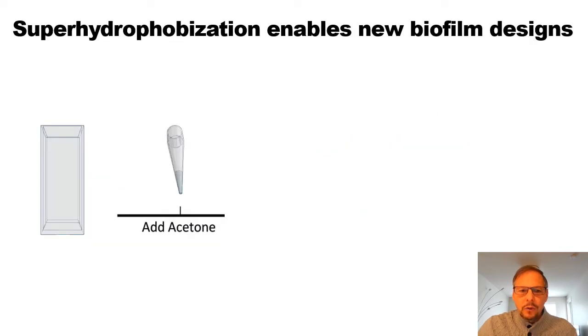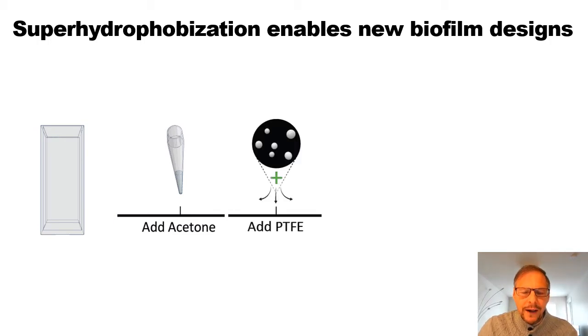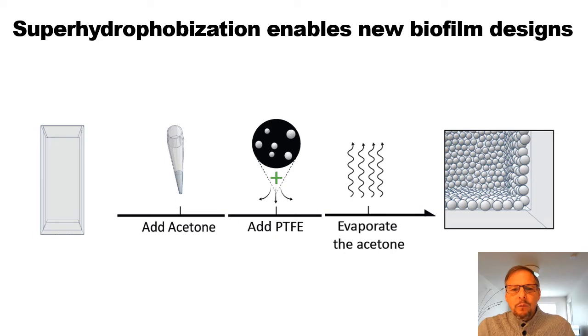So if we take a different route and take any other mold with any shape, like in this case a cube, and in this particular case it's a plastic cube, and we add a little bit of acetone, and we add the hydrophobic particles, in this case Teflon particles, and we let the acetone evaporate, then on the walls of the mold we're going to see what you see on the right, that is the hydrophobic particles coating the inner walls of the container.